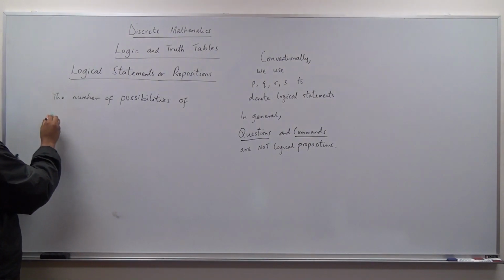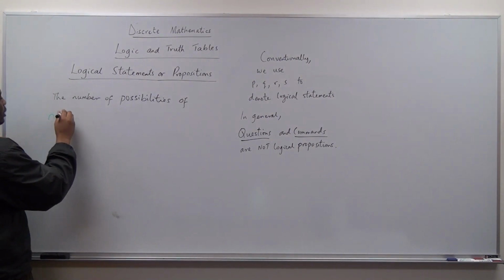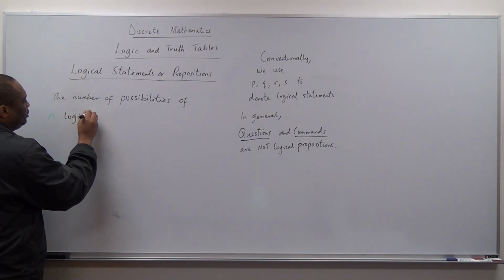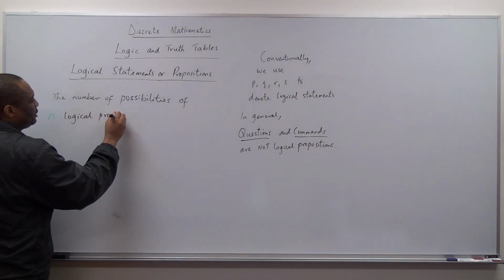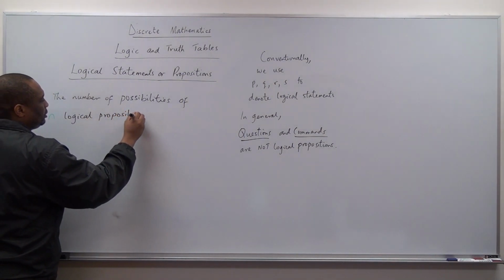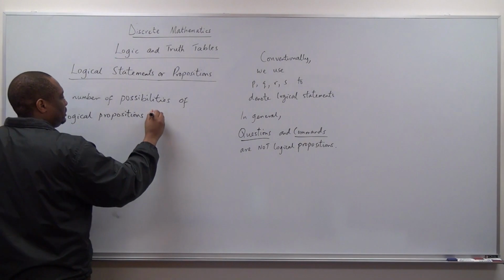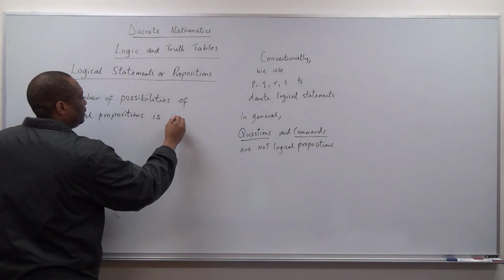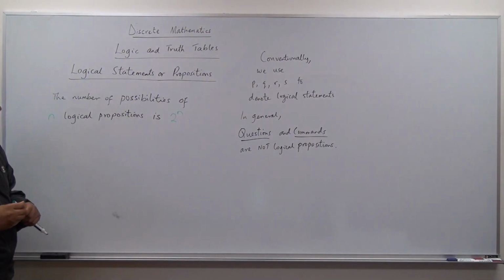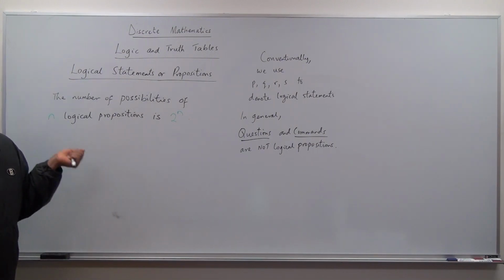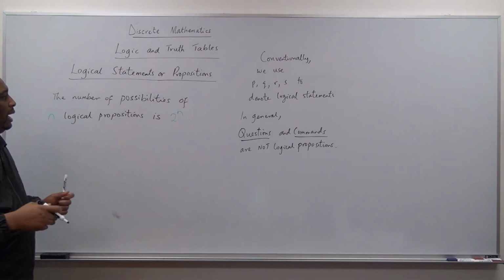I hope you see this one. The number of possibilities of n logical propositions is 2 raised to power n. And you ask me, what does this mean? How do I get this?